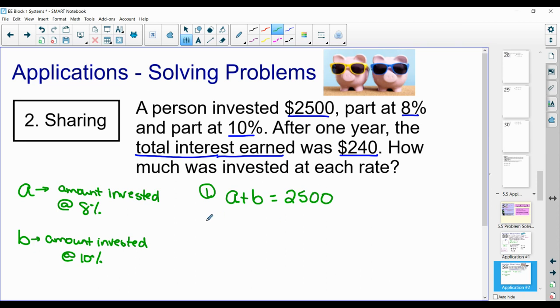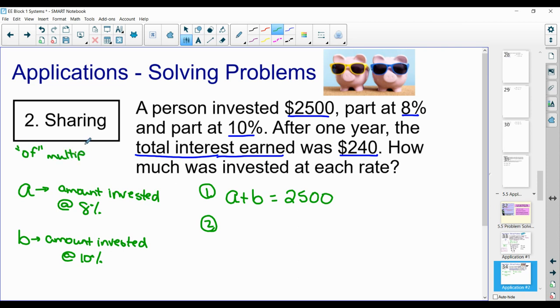Now the second one is a little trickier because it requires us to look at percentages. So it says after 1 year, the total interest earned was $240. Well, if I want to figure out the amount of interest earned on an amount, I'm going to figure out the percentage of that amount. And if you remember, of in math means multiply.